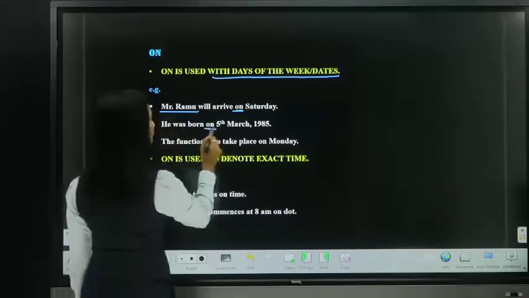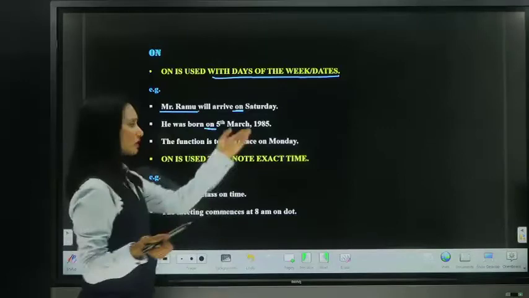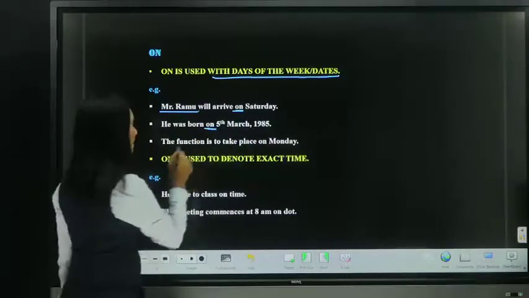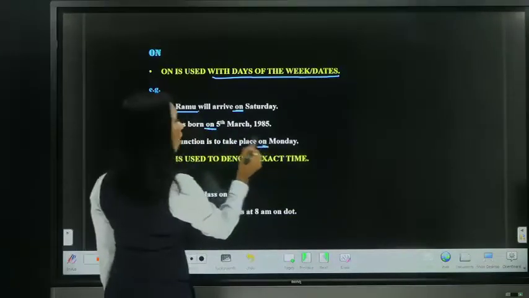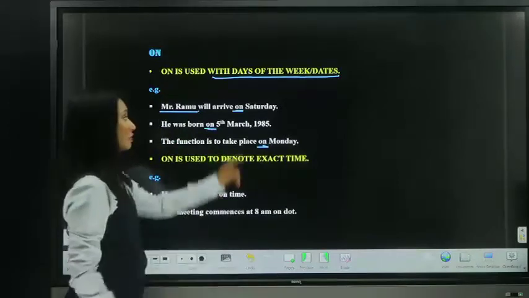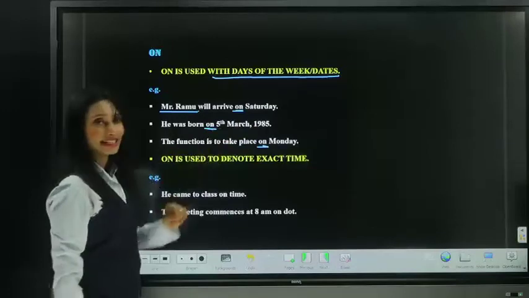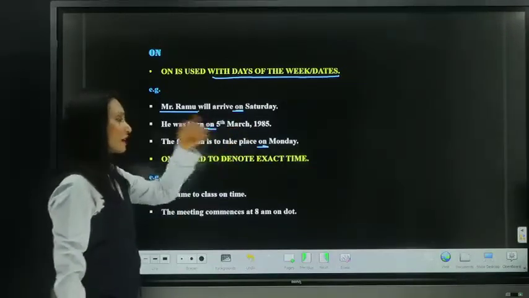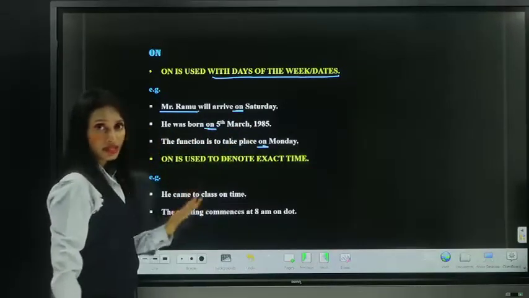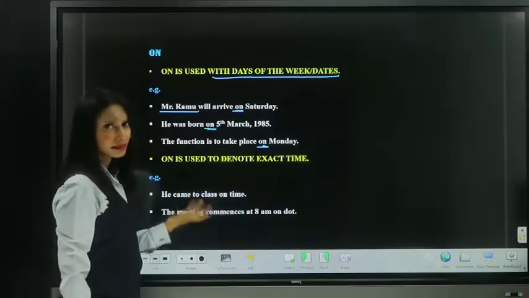He was born on 5th March 1985. The function is to take place on Monday. So before the names of days and dates, Monday, Tuesday, Wednesday, these are the names of days and dates.